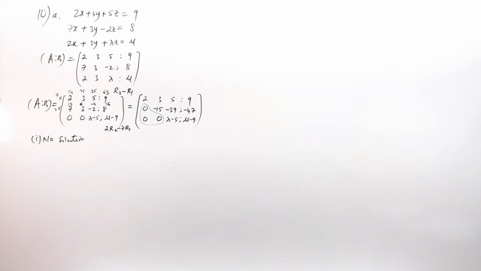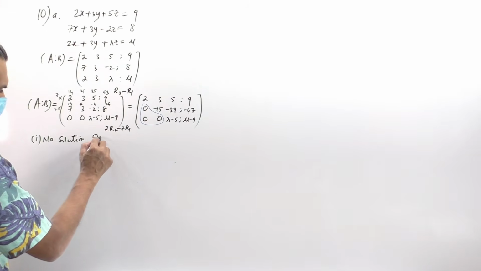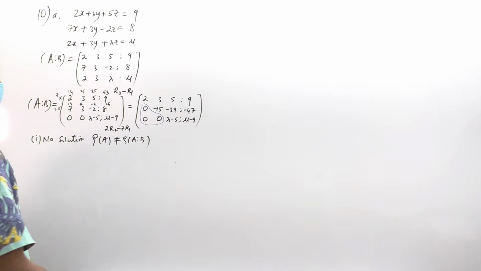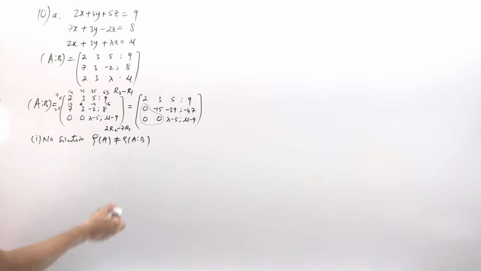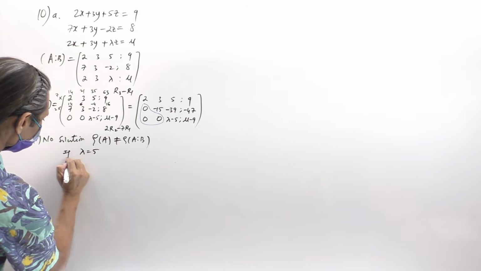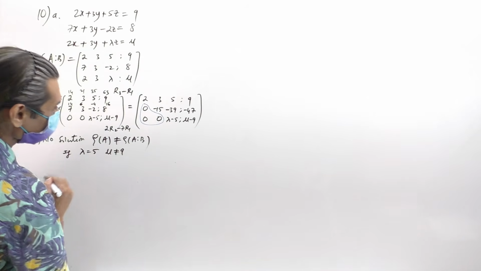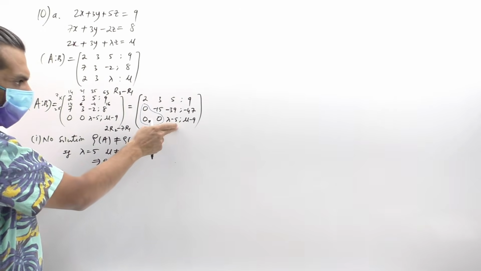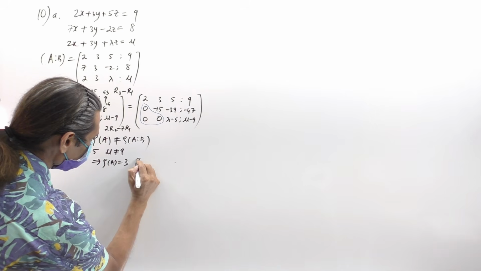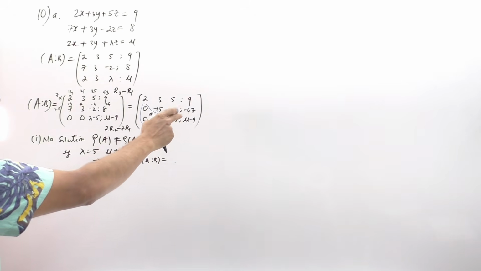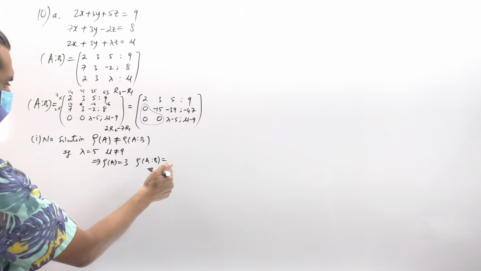No solution means rank of A is not equal to rank of A augment B. This is possible only when lambda is equal to 5 and mu is not equal to 9. See, if lambda is not equal to 5 it will be 3 only, correct?